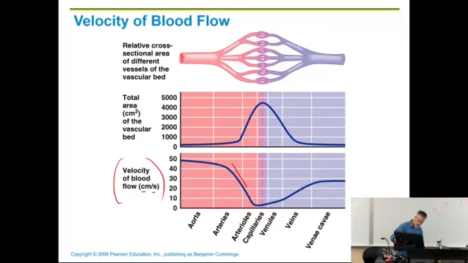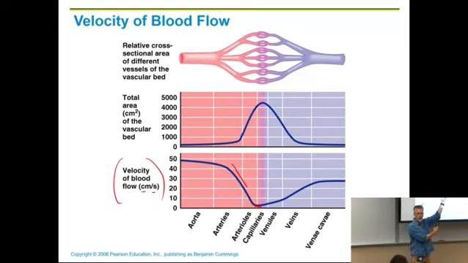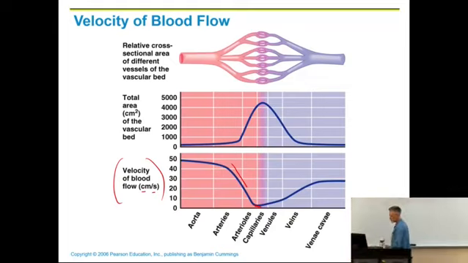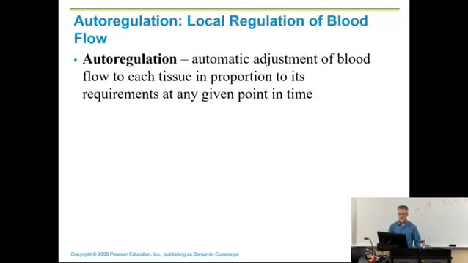But that's okay, because at the capillaries, it's like 5 centimeters per second or something like that. It's very slow, so that, again, we have time to do the exchange before we go whipping out of the neighborhood again and start speeding up as we get to those larger venules and veins on our way back, okay? So we want to make sure that we can get adequate flow to these different areas.